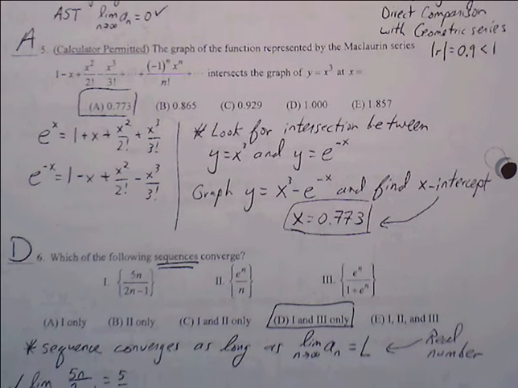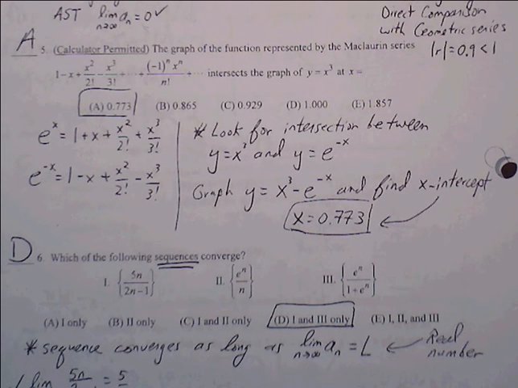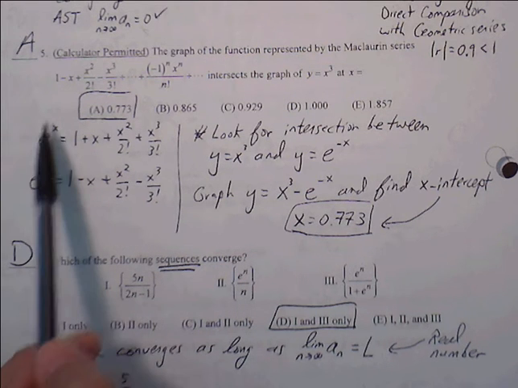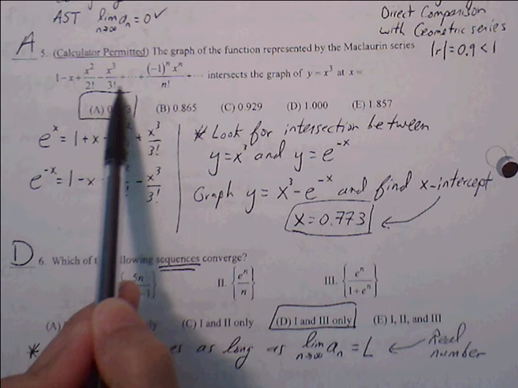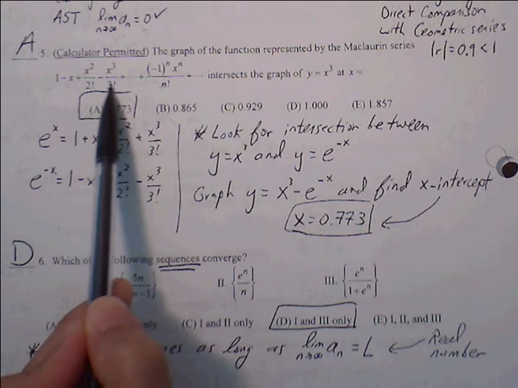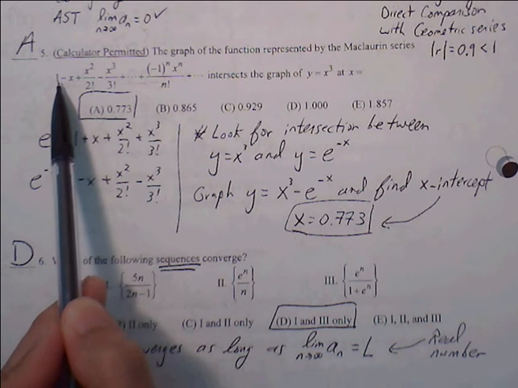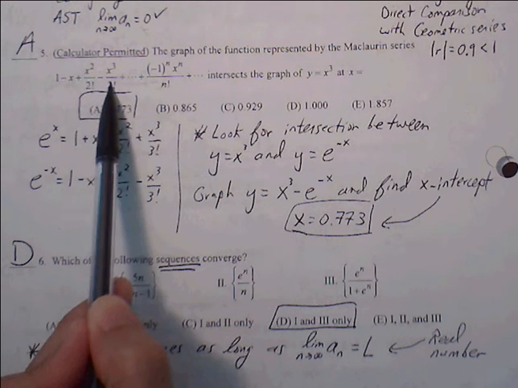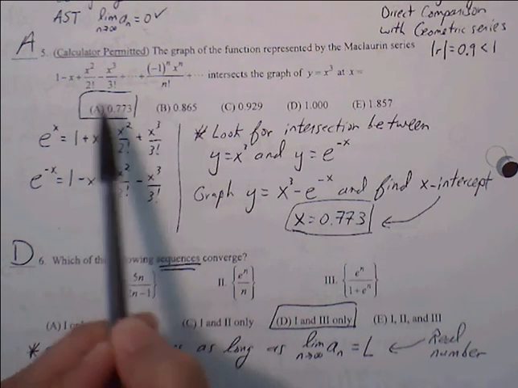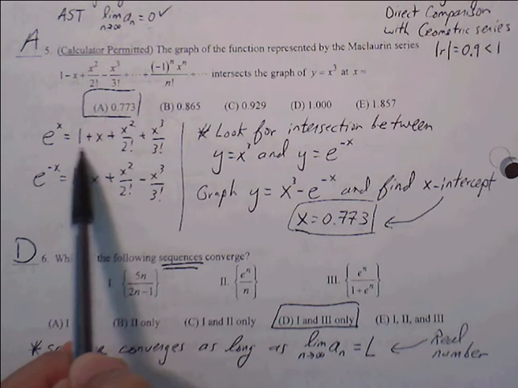Okay, number 5. The graph of the function represented by the Maclaurin series. Now we need to be able to look at this Maclaurin series and recognize that this is similar to something that we know. This is similar to e to the x, because e to the x is 1 plus x plus x squared and so on. Basically, it's the positive version of this rule of sequence. So we know e to the x looks like this.